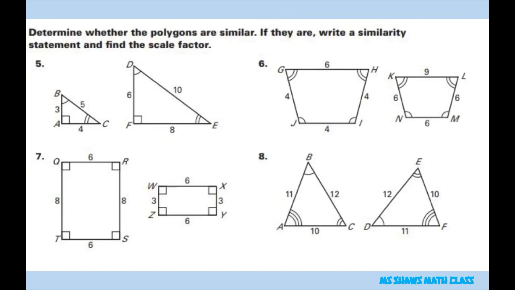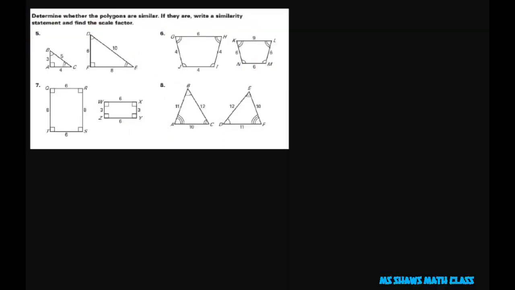So we'll start with number 5, and if we look at our angles here, we can say that triangle ABC is similar to triangle FDE because our angles matched up.